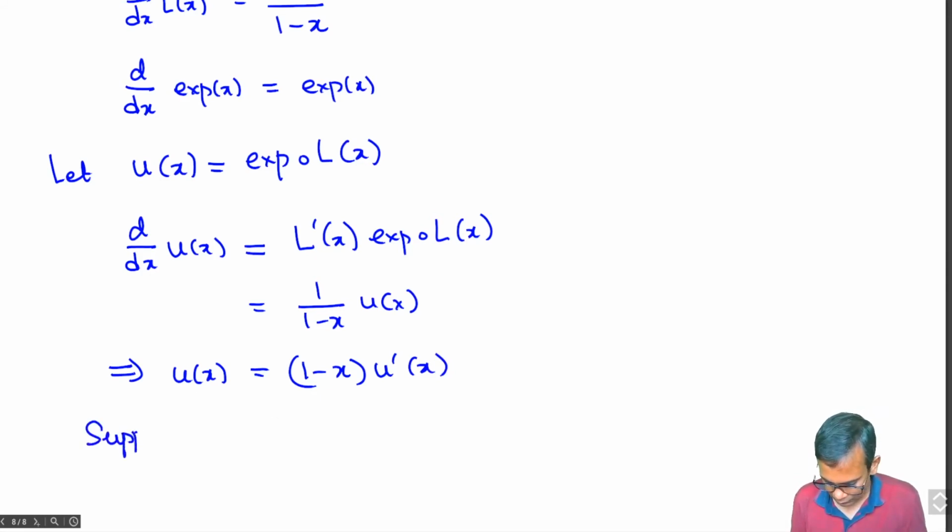Suppose u(x) is equal to the summation n goes from 0 to infinity a_n x to the n.